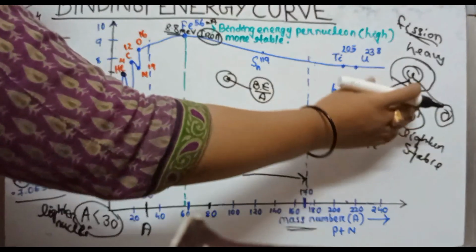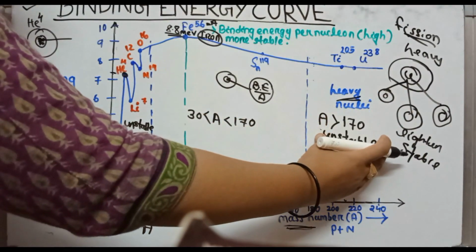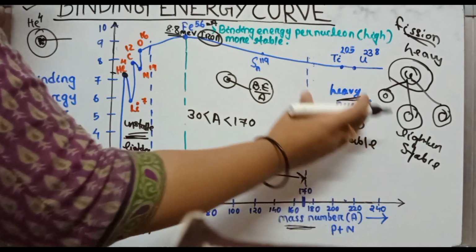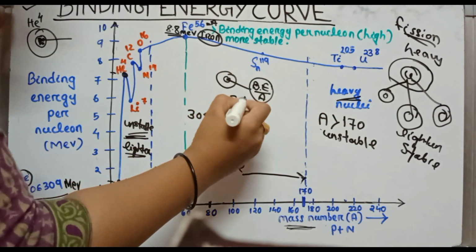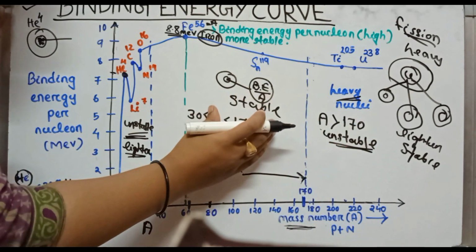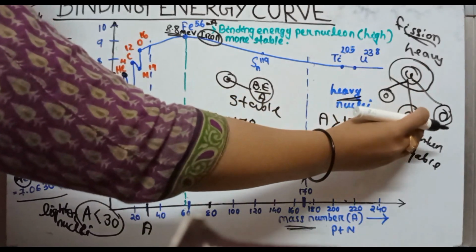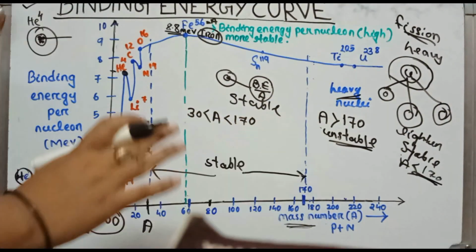And why does it happen? Because all the unstable nuclei want to become stable. So the heavier nuclei split into lighter nuclei.